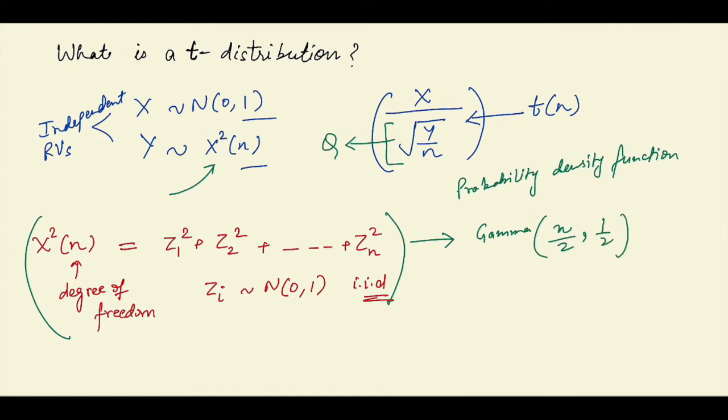In general, a gamma distribution with parameters n and lambda has the following distribution: x raised to n minus 1, e raised to minus lambda x, lambda raised to n, over gamma n, where this denotes the gamma function.